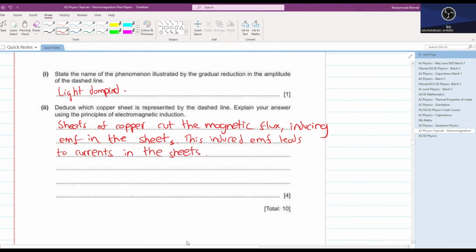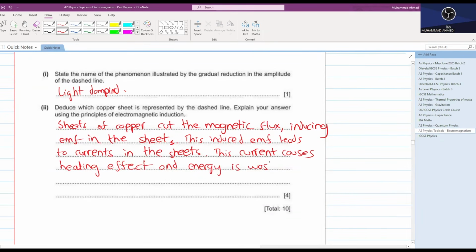Whenever you have induced EMF, it will lead to current. This current causes what? Let me erase this. This current causes heating effect and energy is wasted.